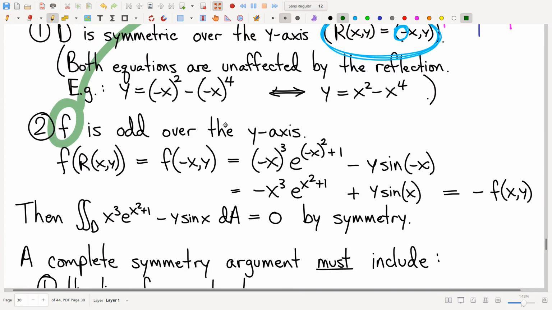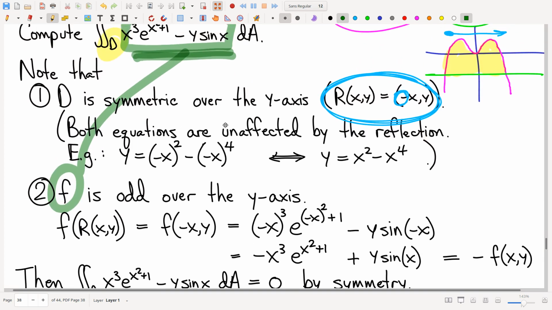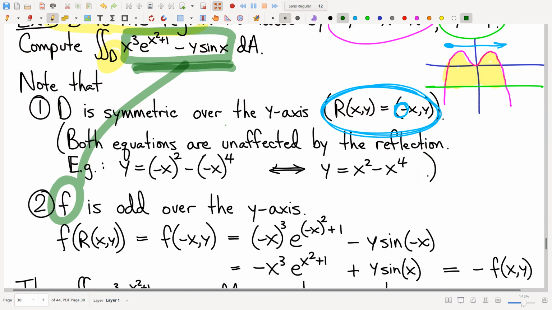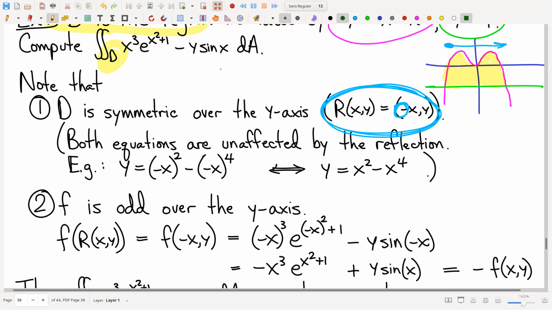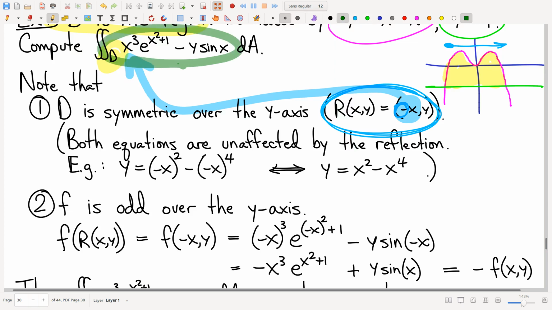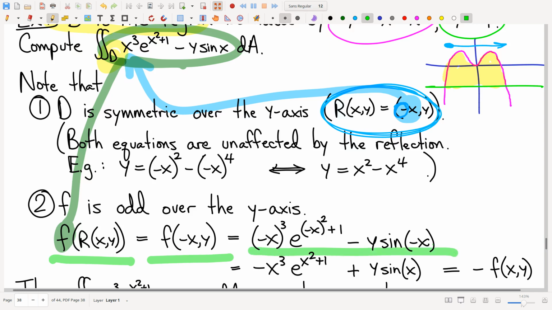And here we go. Plugging in the reflection, you can see we're just going to take negative x and plug that in for the x's. So this expression, that being f, when you plug in the reflection, you put the negative x in that place, right?